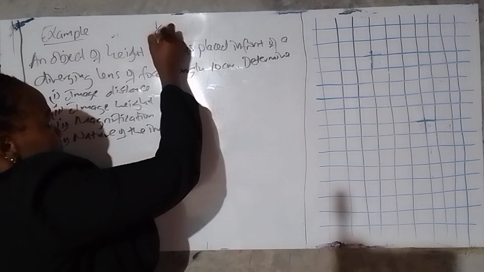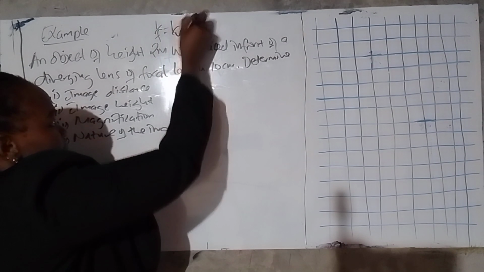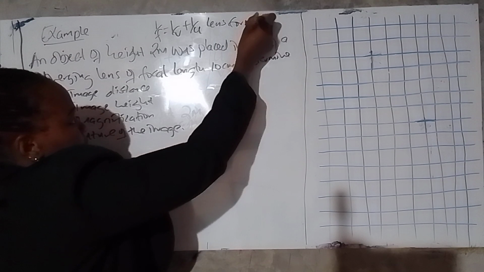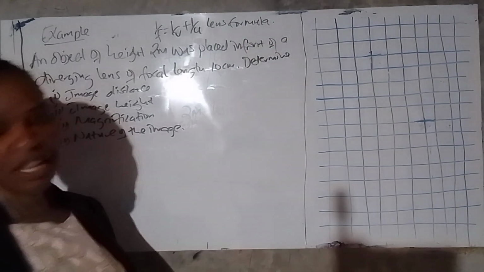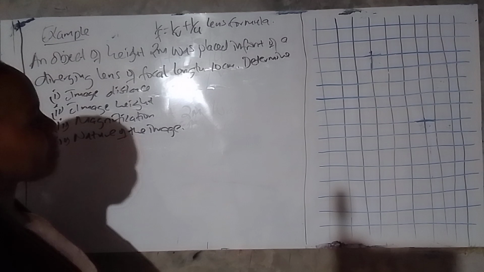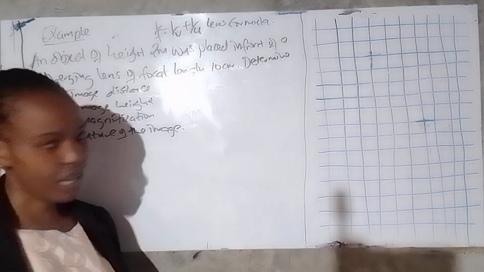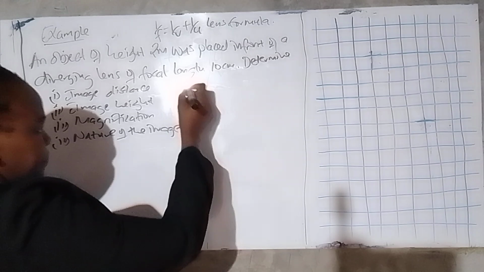So 1 over f is 1 over v plus 1 over u. This is the lens formula. So we want to determine that using the lens formula, and then we are going to use the graphical method to determine the same. Okay, so let's get started.